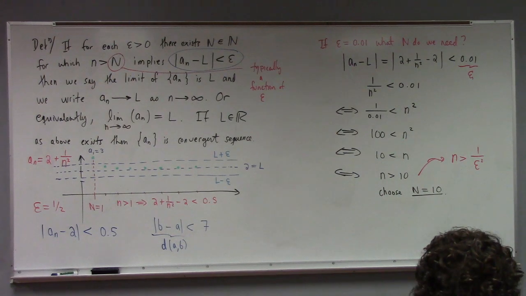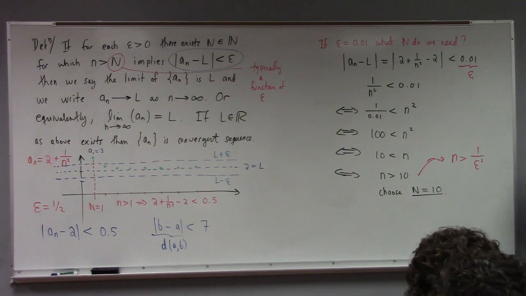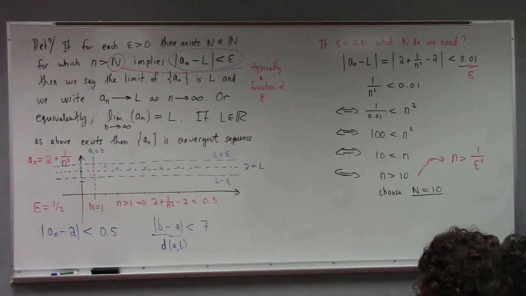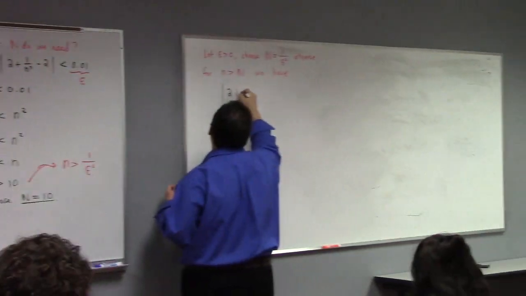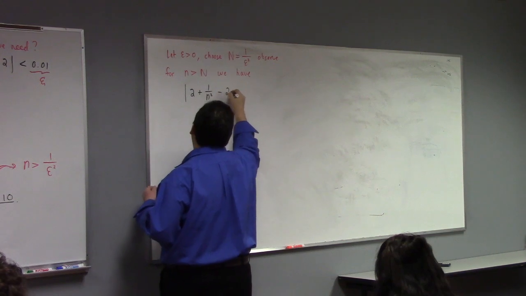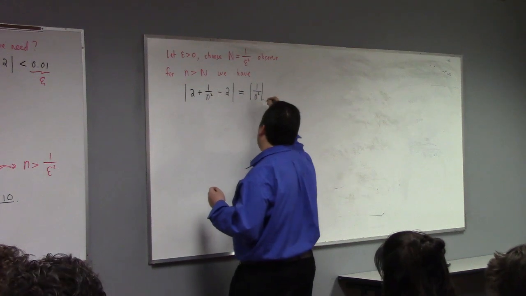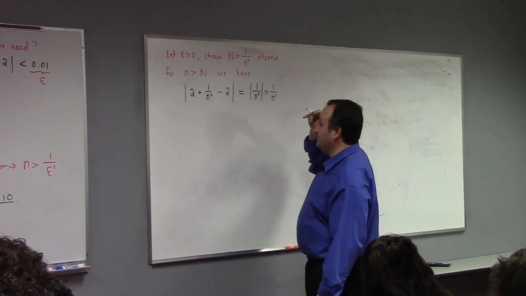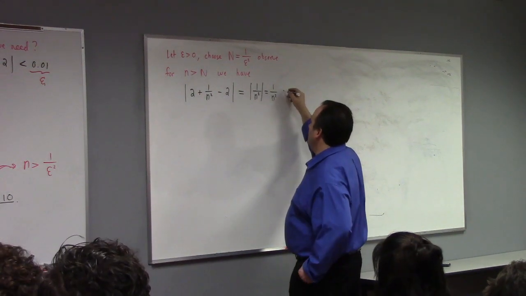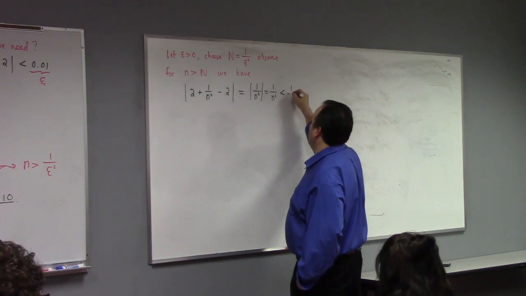Observe for n greater than big N, we have the absolute value of 2 plus 1 over n squared minus 2, which is equal to the absolute value of 1 over n squared, which is equal to 1 over n squared, which is less than 1 over n.